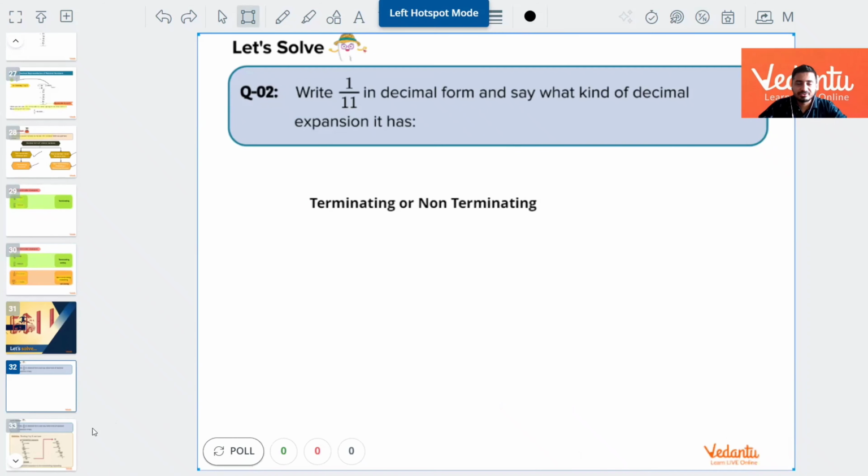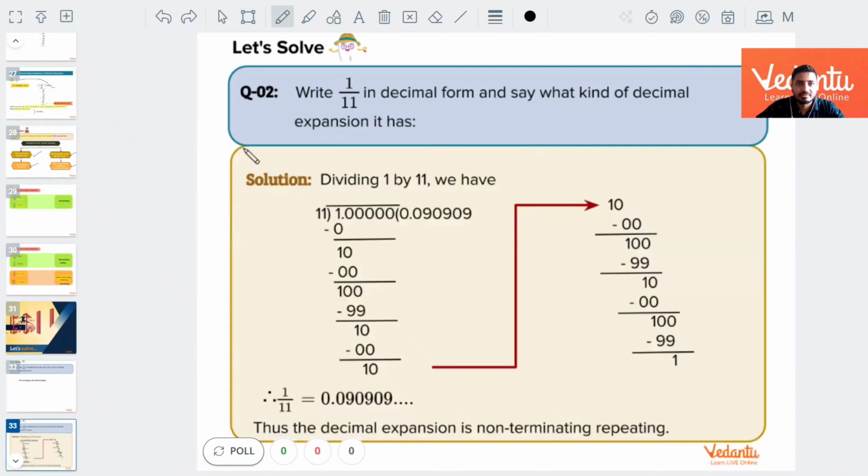So can we start the solution? On dividing 1 by 11, the numerator 1 is less than the denominator, so we take the decimal point. On solving, we get 10, and the answer is 0.090909.